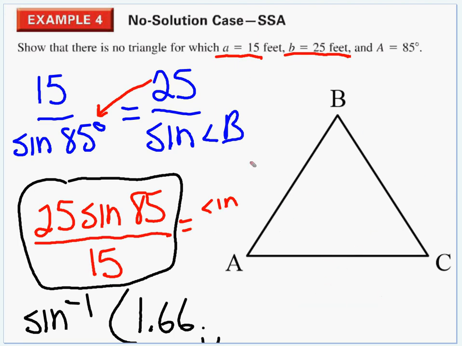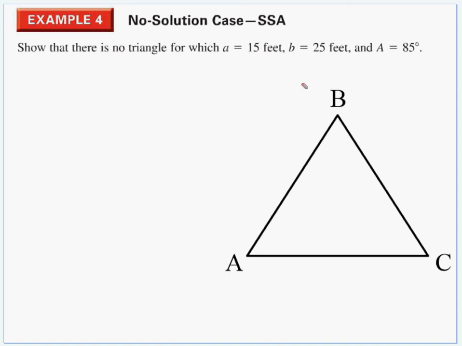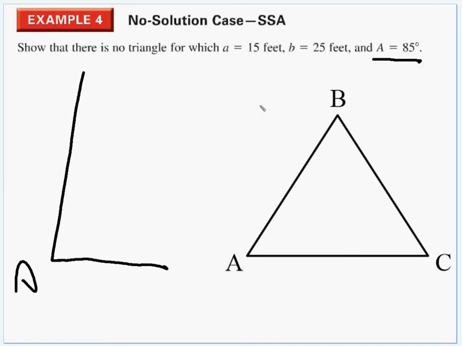And what's happening is the sides will not connect. So here, of course, my triangle is not drawn to scale. Angle A is 85 degrees. It's almost a right angle. Side B is 25 feet, so this side here is nice and long.